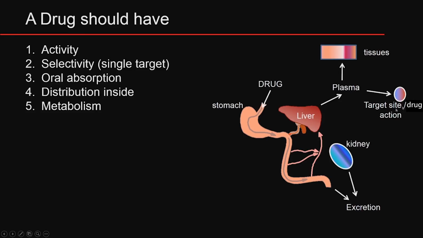So the amount of drug that reaches the target site where it has to act may be much less when compared to the drug which we take. This is the effective concentration where it acts, whereas this is what we take. This ratio is also called bioavailability.